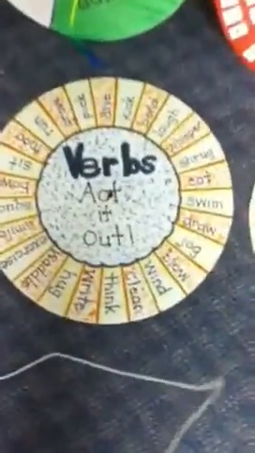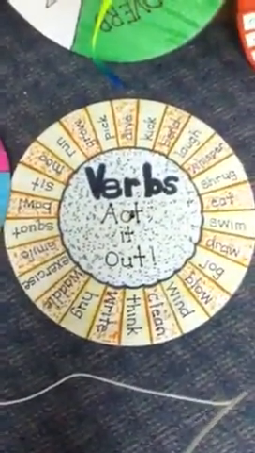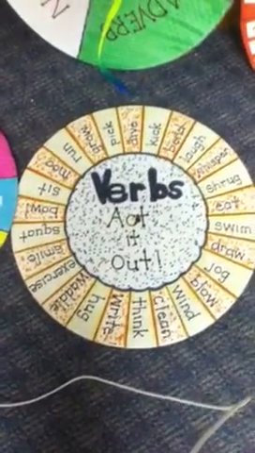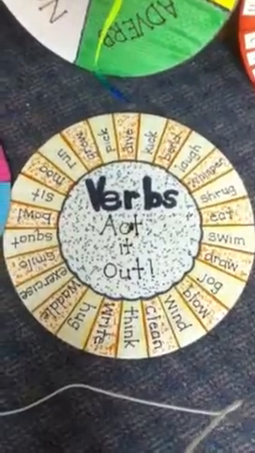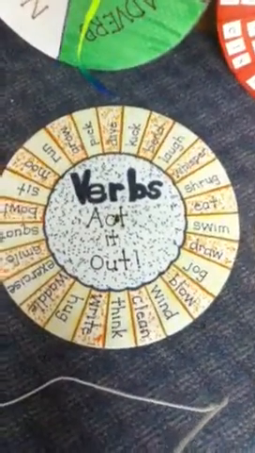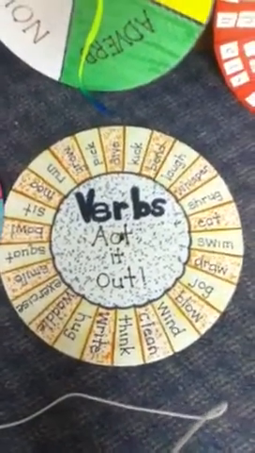The next one, act it out. These are action verbs. Someone would spin it, another student would catch it with their thumb, and then act this out for the class, and the class would try to figure out what the action verb is.